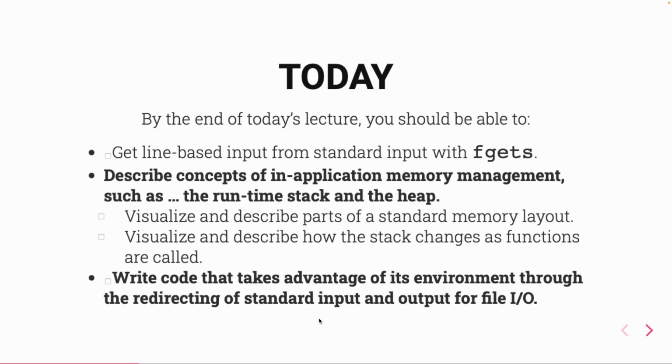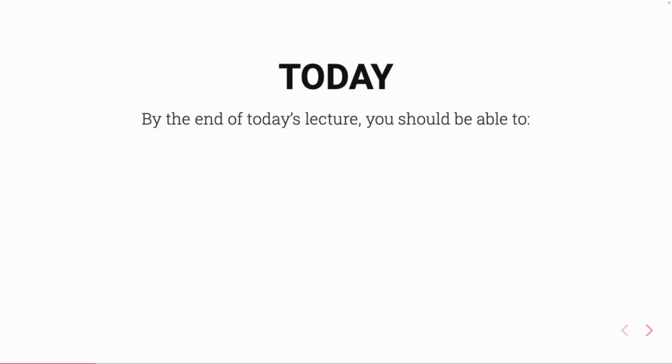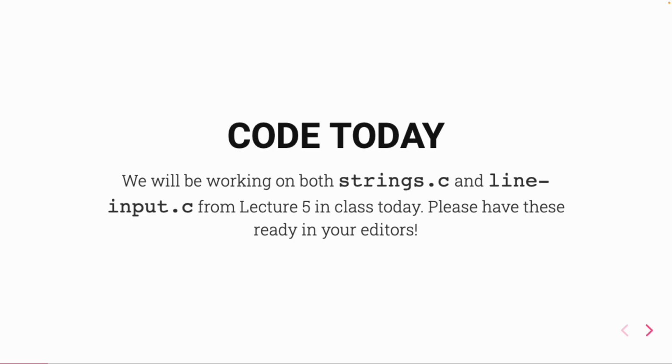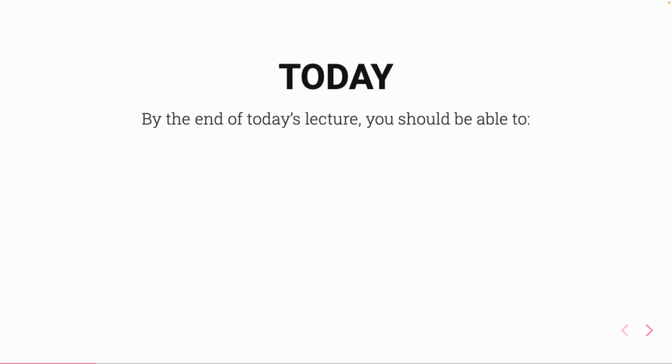So today we're going to be looking further into memory layouts. And that'll be mostly through taking our string example. So get your strings.c ready. We're going to take that example and basically just mess it up.